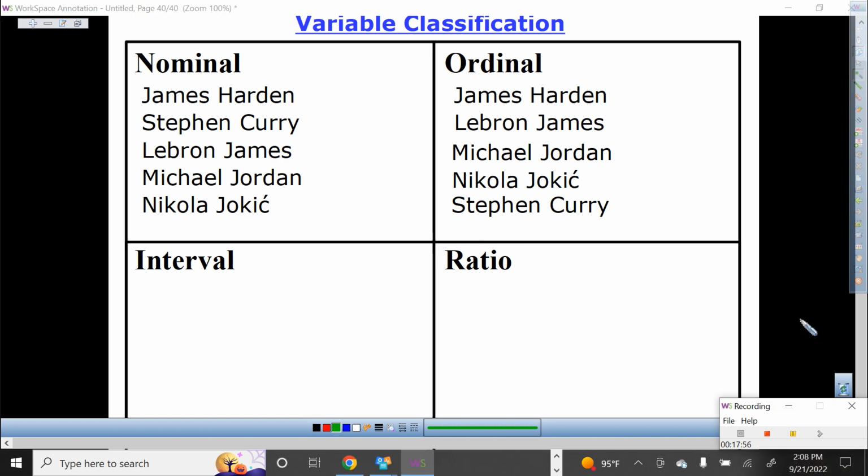Andres, why is it ordinal? They ordered in ABC or in alphabetical order. Let's see, J, L, M, N, S. That is correct. However, do they have any ranking in regards to quality, like a specific quality?